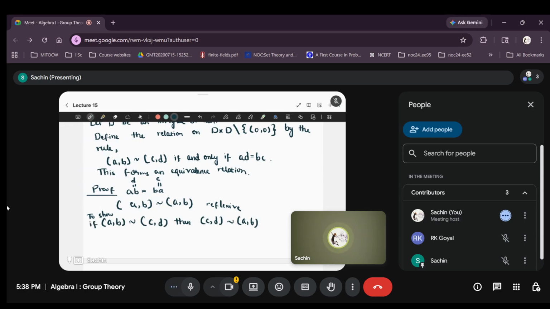But if AB is related to CD, then AD equals BC. But we can also write this as CB equals DA.